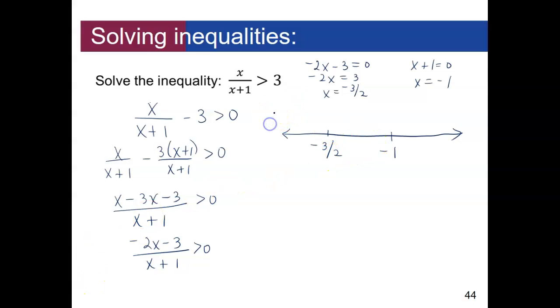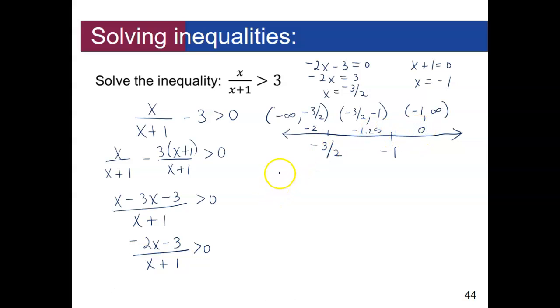So our intervals here are going to be from negative infinity to negative 3 halves, from negative 3 halves to negative 1, and then from negative 1 to infinity. So this one, we could have negative 2 for our test point. This one, we might have to have like negative 1.25, and then this one, we could have 0 for our test point there.